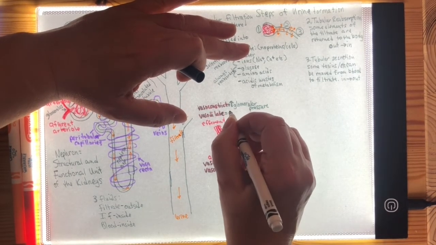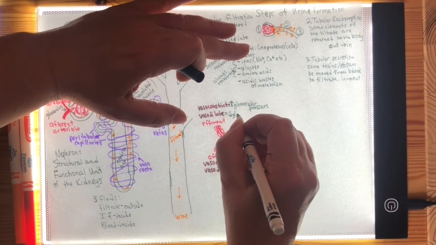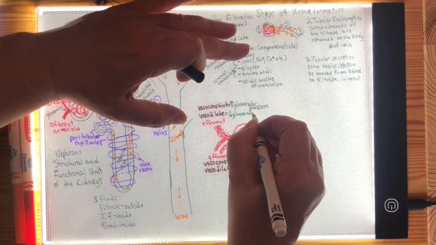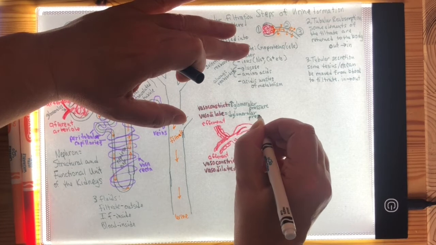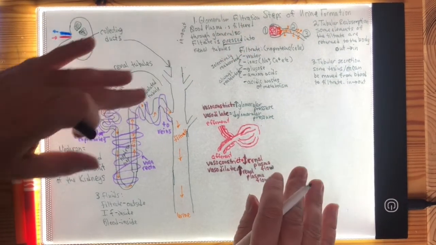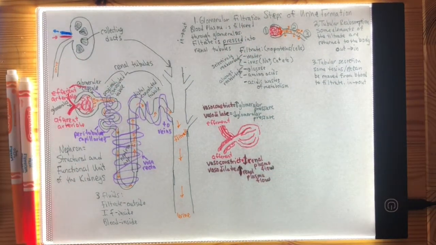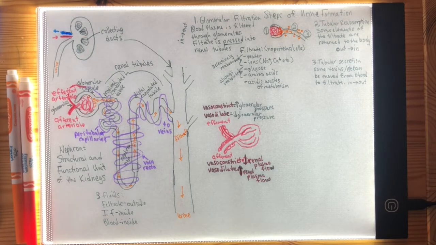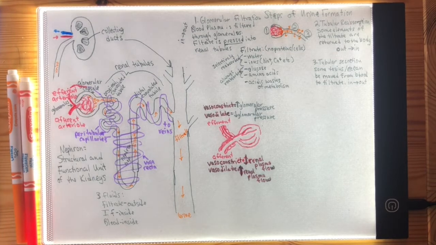If you vasodilate, open up that efferent arteriole, that means that more blood plasma is able to flow out of the exit portal, the efferent arteriole, and therefore it reduces the pressure inside of the glomerulus. So I think the story of the afferent arteriole, since it discusses renal plasma flow, is fairly straightforward.